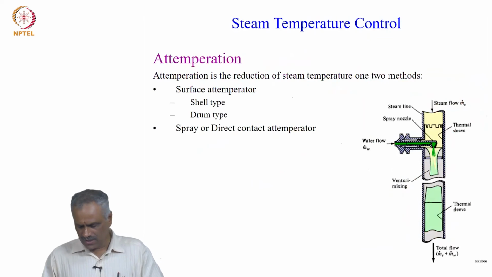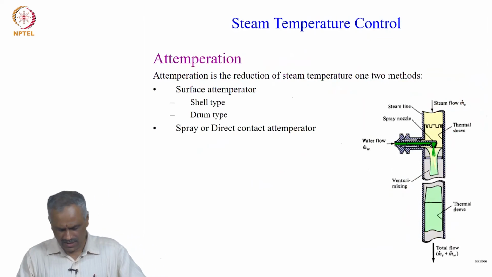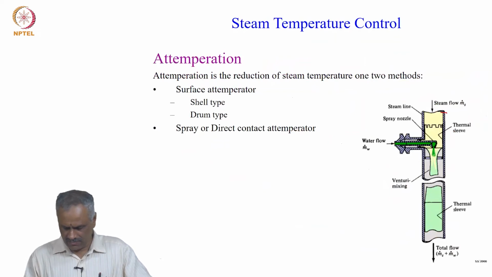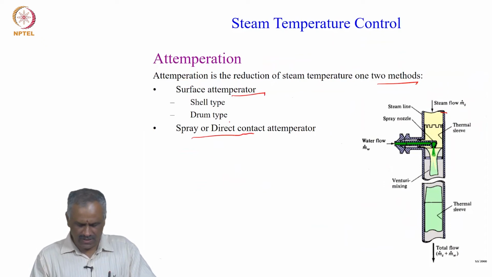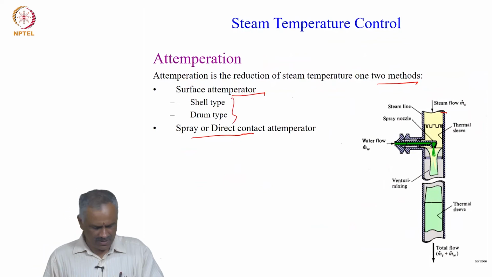The attemperation device looks like this attemperator, because we have to inject the water into the steam. This is the steam flow going through. I will explain these things later, but first look at the attemperator: there are two methods. One is the surface attemperator, the other is the spray or direct contact attemperator, and the surface attemperator has shell type and drum type.